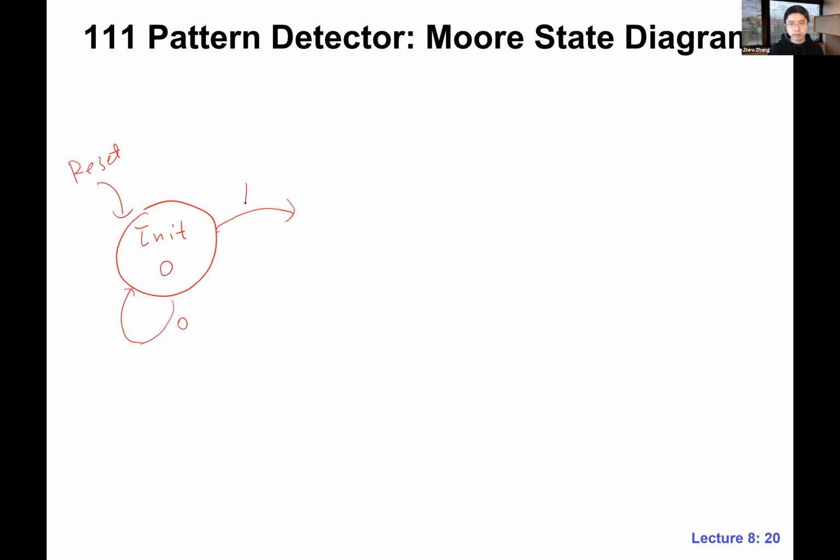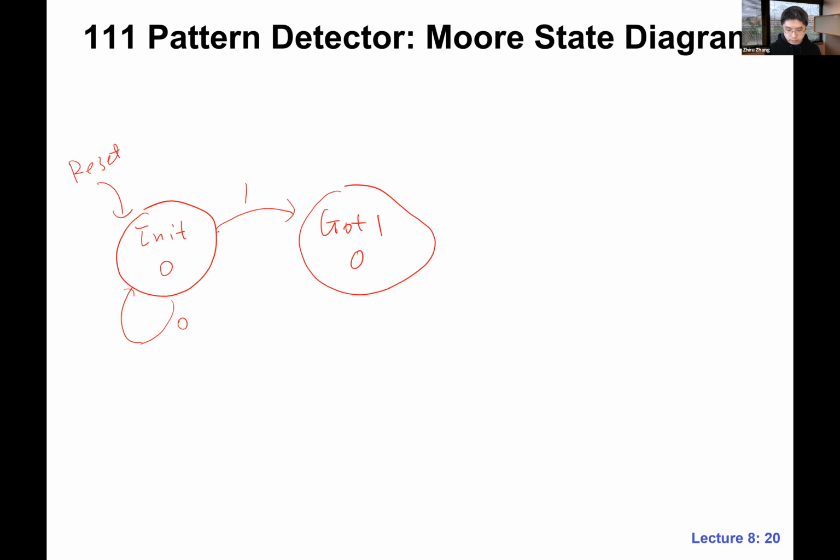We are making progress, so it's time to advance to a new state. Let's just call it got1. What do we put in the bubble? What do we output? 0. Very good. So we're already done with init. We have already handled both combinations, 0 and 1. It's already a complete state.